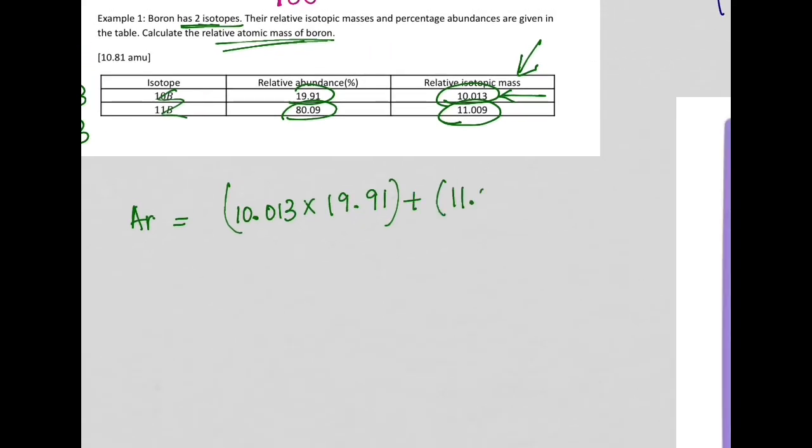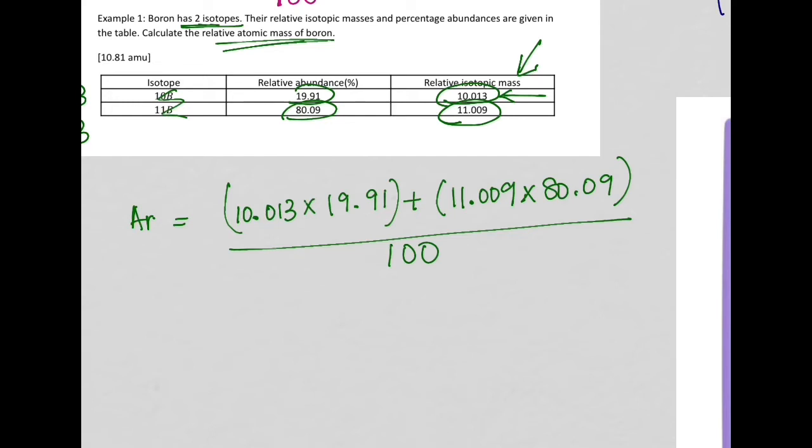So 11.009, the relative isotopic mass of the other isotope, times its abundance. And then you divide by 100. The abundance is in percentage, so we divide by 100.